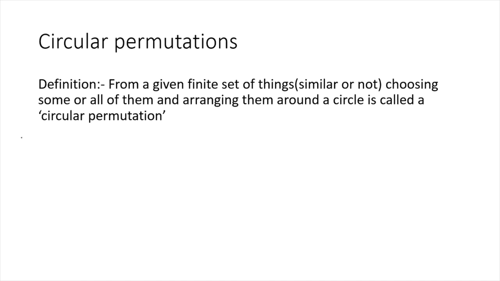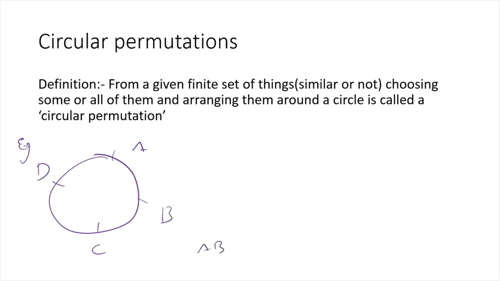So example, we have this one: A, B, C, D. So this is a circular permutation, whereas this one A, B, C, D is a linear permutation, whereas this one is going to be a circular permutation.